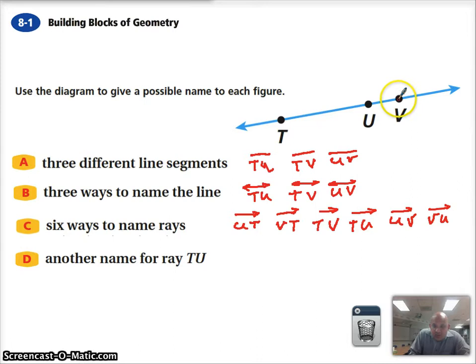So it starts at V and goes through U infinitely. What's another name for ray TU? Well, since it's starting here and going through there, it still has to have the same endpoint, so we could also call that TV. It goes right through U, right through V, on into infinity.